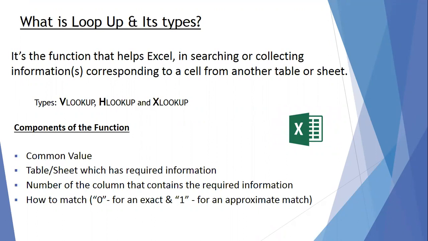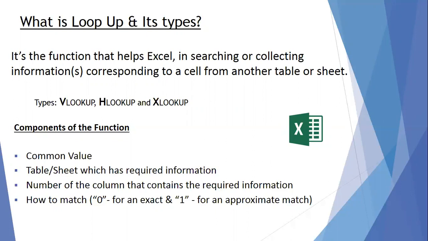There are three types of lookup: VLOOKUP or vertical lookup, which we are going to discuss today, HLOOKUP or horizontal lookup, and XLOOKUP. This is the most advanced version of lookup. Users who have the latest version of Microsoft Excel will have this function enabled in it.